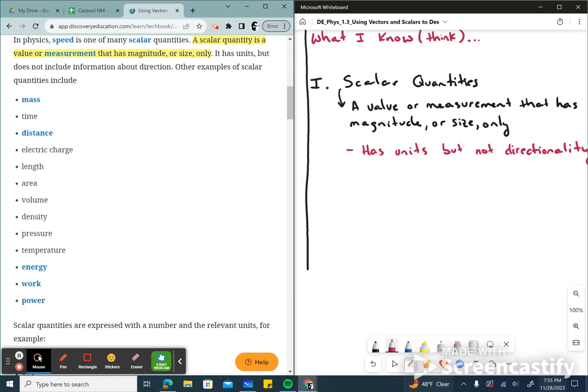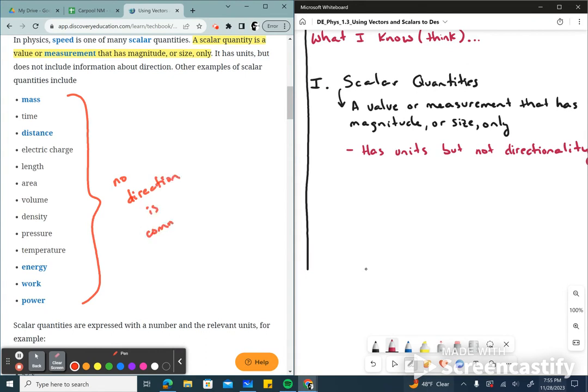You can go down this whole list and see that some of these things are familiar to you. The point is, no direction is communicated. These are all just quantities by themselves.